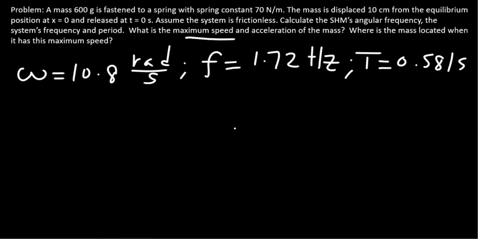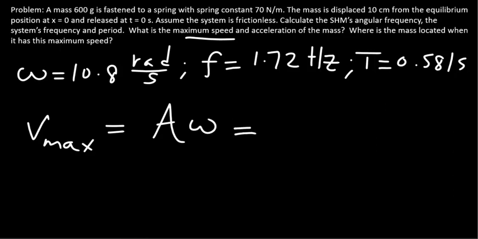Now the maximum speed. Note, the maximum speed is given by the product of amplitude times the angular frequency. We know the amplitude for this simple harmonic motion is 10 centimeters, because the mass is displaced 10 centimeters from the equilibrium position and released. In meters that is 0.1. Omega is 10.8.